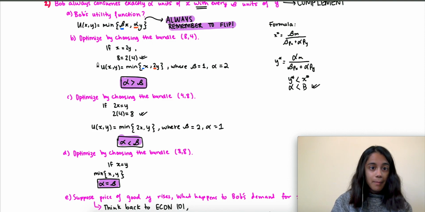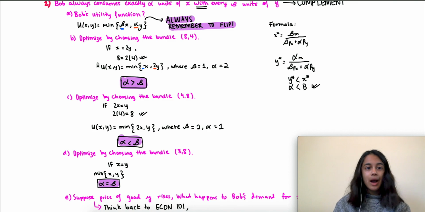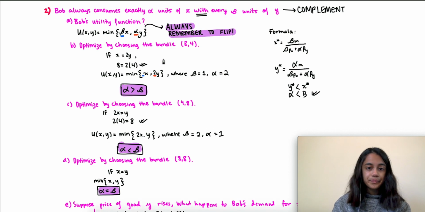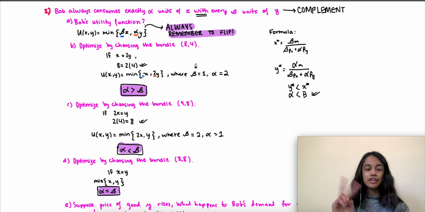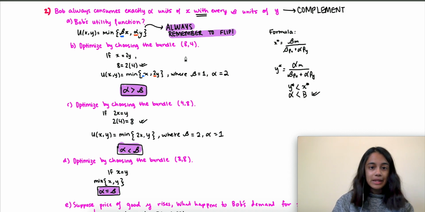Part B says, what if you optimize by choosing the bundle 8 comma 4? I like to look at 8 and 4 and see the relationship between them. 8 is 2 times 4, meaning that this is my x, this is my y.